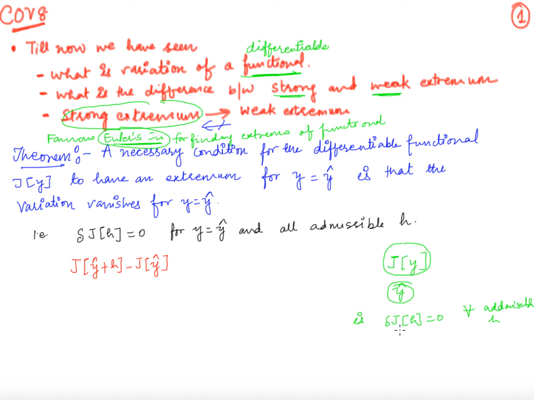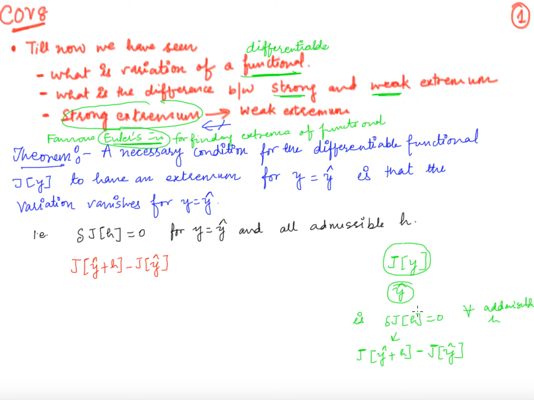We know this variation at y tilde is the value of the functional at y tilde or y hat, whatever you want to call it, minus the value of the functional at y hat.